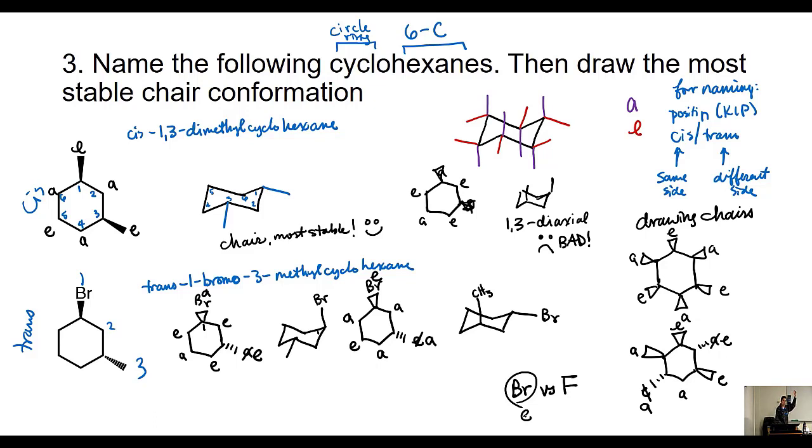There's a great example of that we might not get to. So the bulkier you are, the more you prefer equatorial. So in this case, the first one is the most stable, and that is CH3.